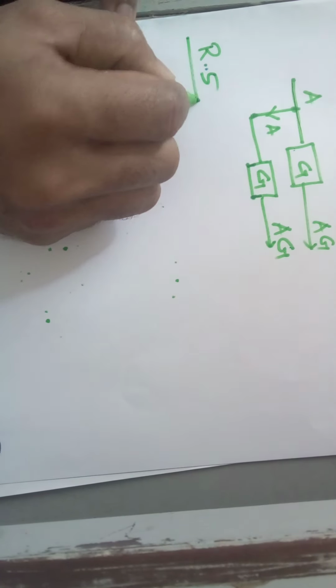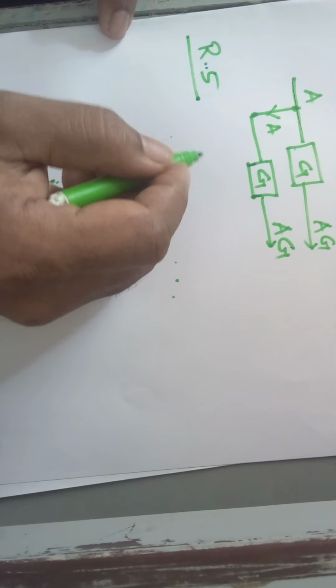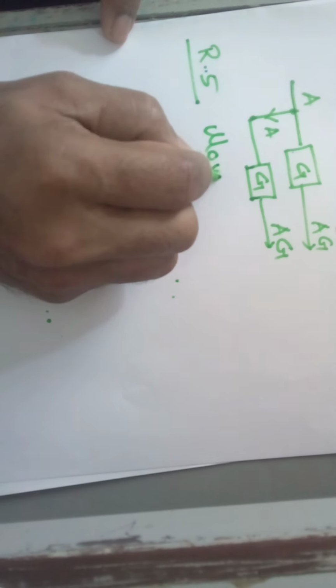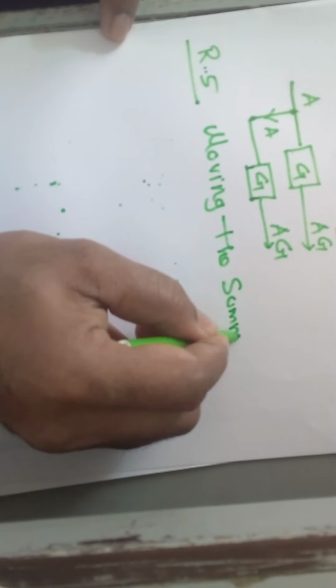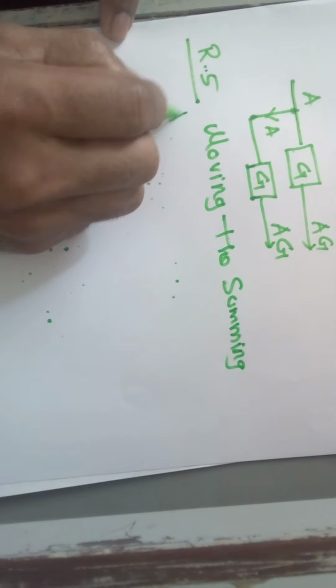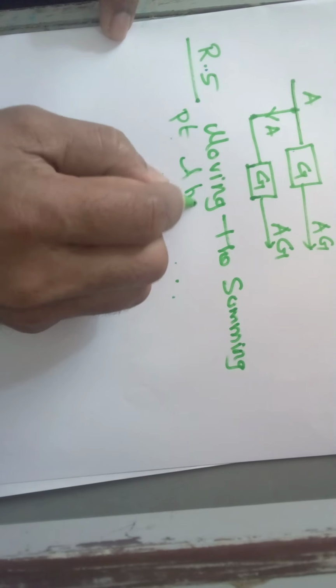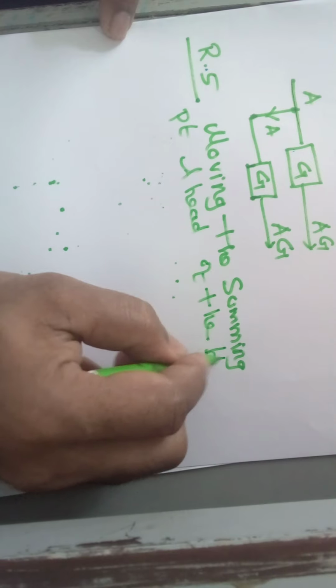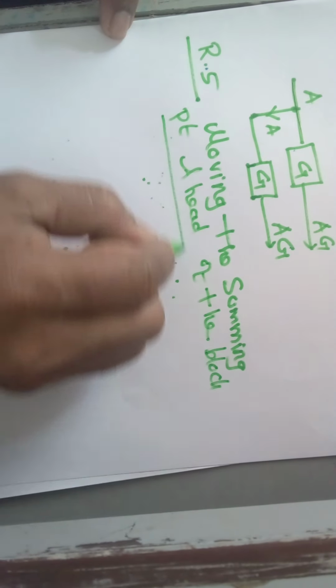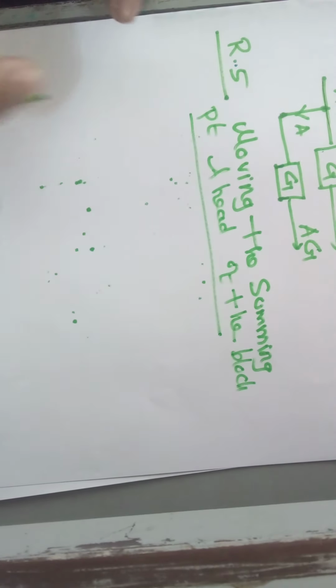Rule number 5. Moving the summing point ahead of the block. Okay. Now I will show you the situation, right?